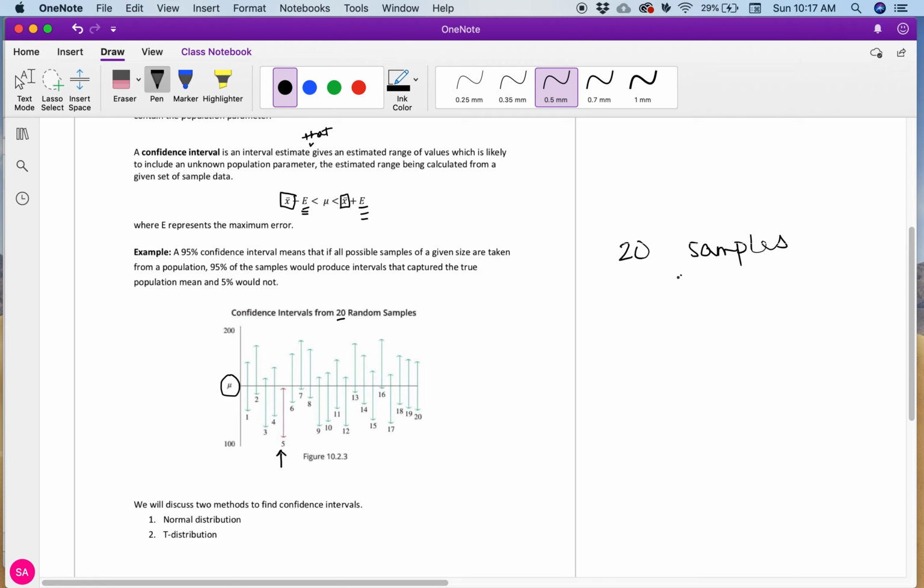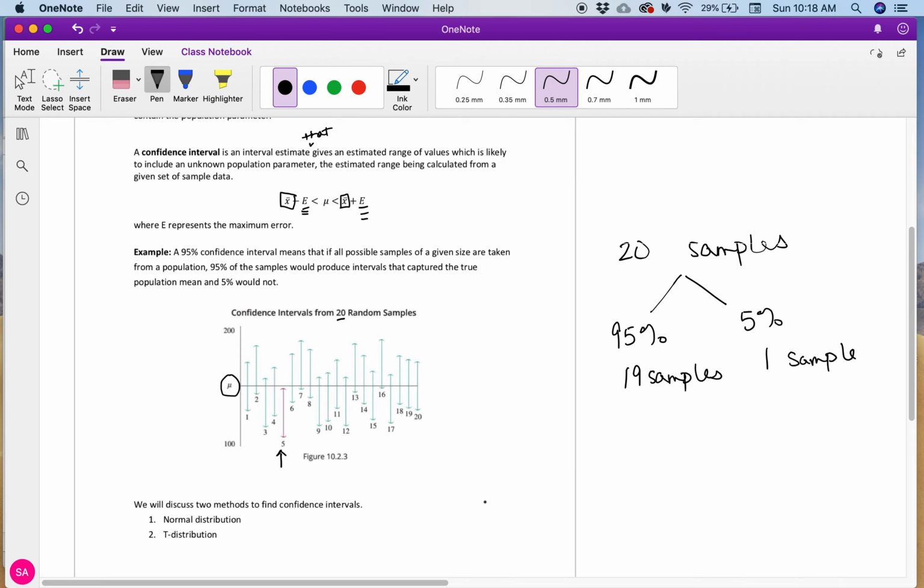But 95% of 20 is 19 samples, and 5% of 20 is one sample. So for a 95% confidence interval, 95% of those samples contain the true population mean, whereas the interval for one of those samples probably does not.